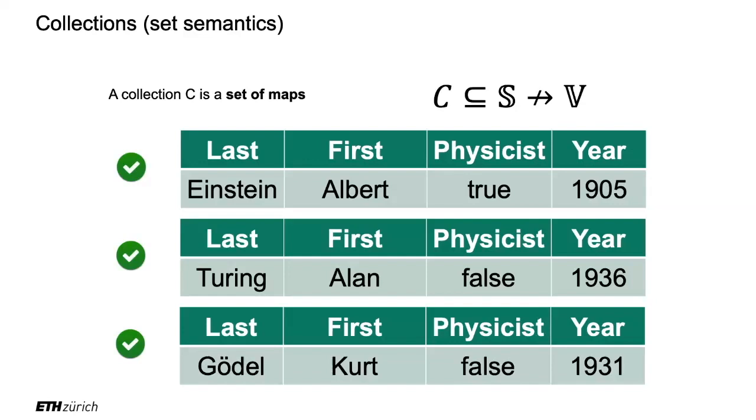The cross means partial. If there was no arrow, that would force me to map all of the strings to a value. That would not even fit in any computer on this planet. So the cross means partial. Normally, it should be a vertical cross technically, but I didn't find any symbol that would have the vertical cross. But this means partial function.